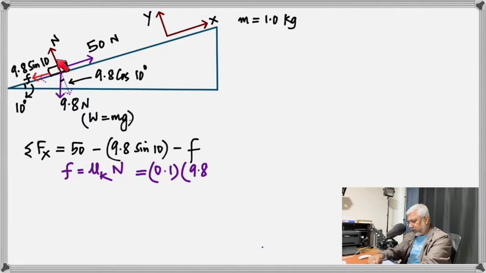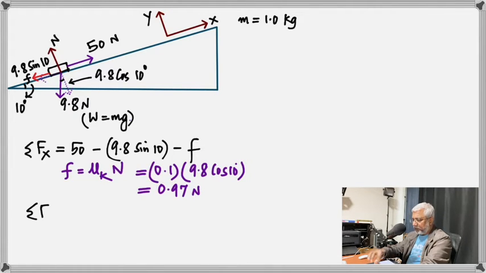That's why in place of n, I'm going to put 9.8 cosine 10. So when you calculate that, you get the friction to be 0.97 newtons.